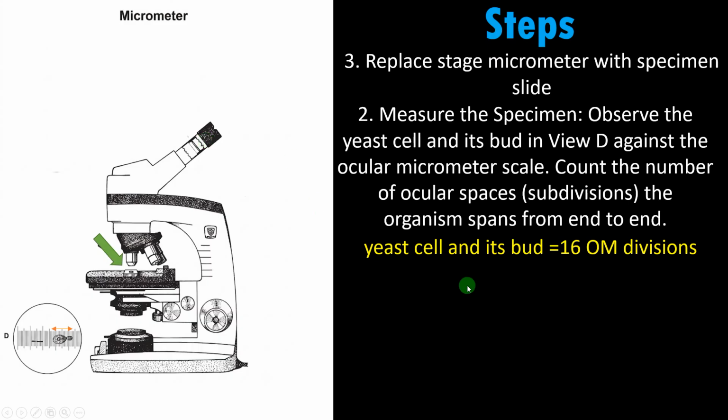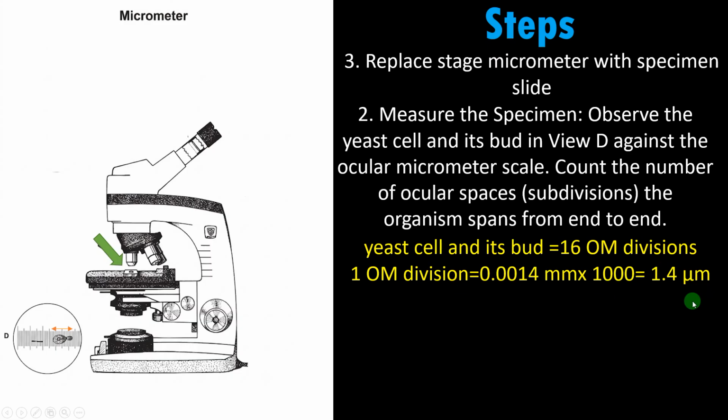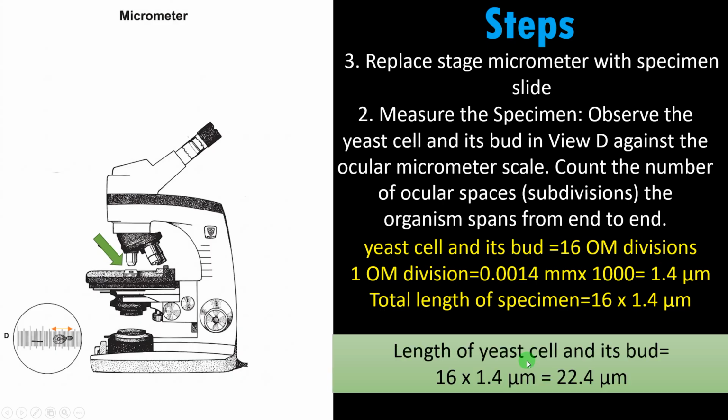Now it is very easy to calculate. We know that 1 ocular micrometer division is equal to 1.4 micrometer. So we have already calibrated using a stage micrometer. So it's very easy. Total length of the specimen is equal to 16 ocular micrometer divisions for the yeast cell and its bud, 16 into 1.4 micrometer, that is 22.4 micrometer.